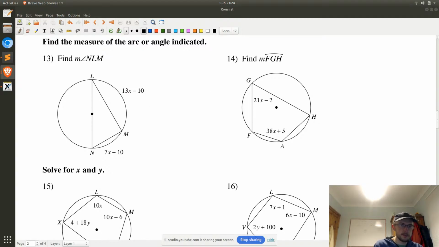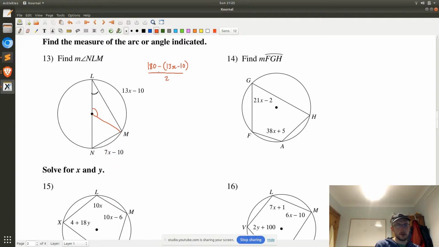That's another possibility. Find the measure of NLM. So in other words, this here. Okay, so that is 13x take 10. 180 take away that, and then divide that by 2.